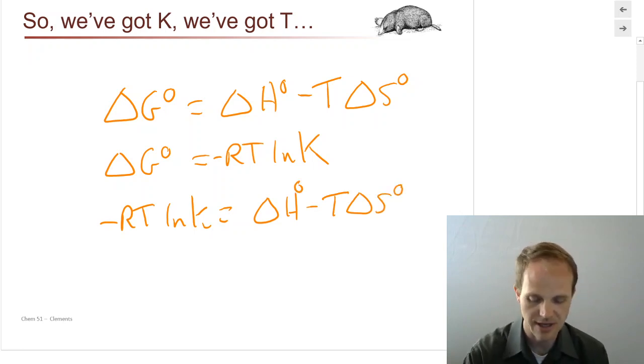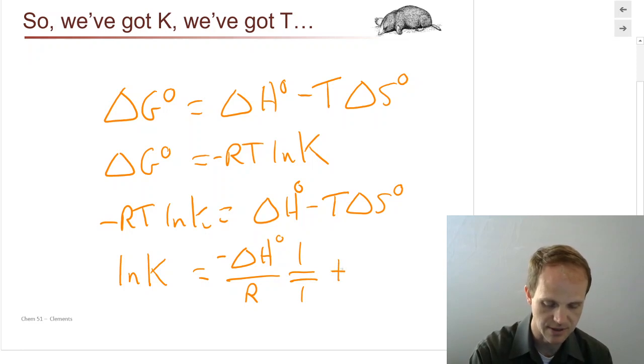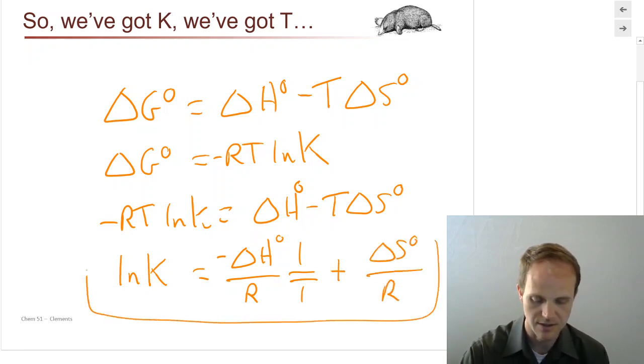And if we rearrange that, we can say that the natural log of K is equal to minus delta H naught over R times 1 over T plus delta S naught over R.